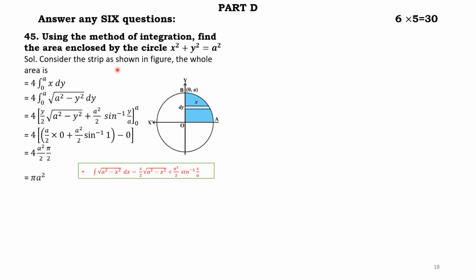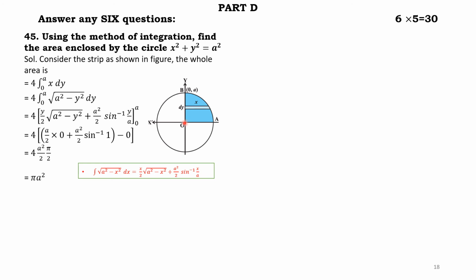Application of integrals. Consider the strip shown in the figure. You please see the figure here. This is x dash x, it is a, and this is the y-axis. Here, let us consider a quadrant and a strip dy. The circle is given as x square plus y square is equal to a square, where a is the radius, that is OA is equal to a.